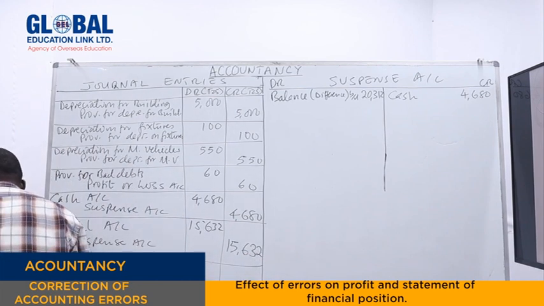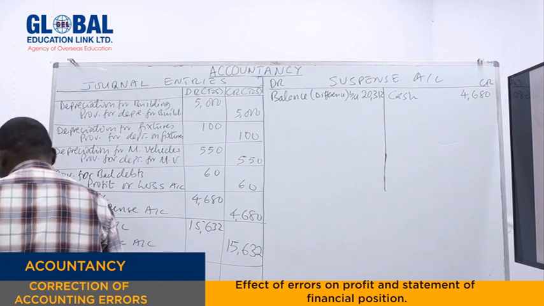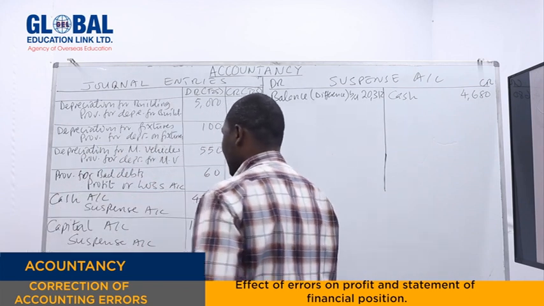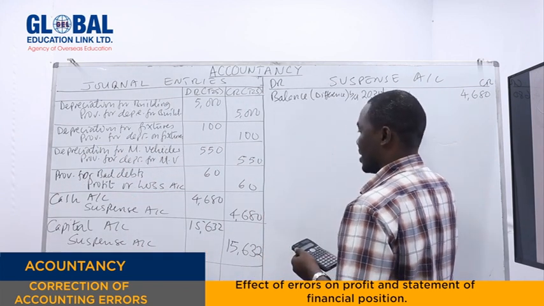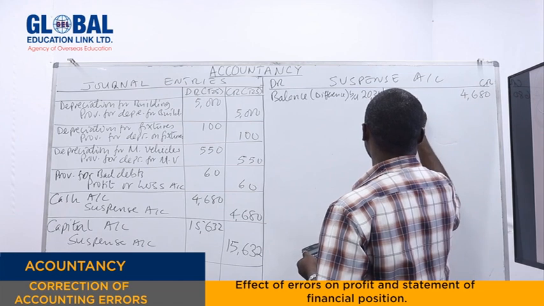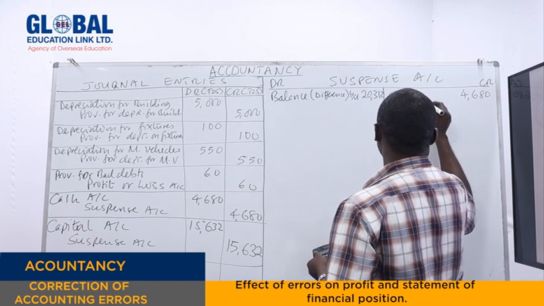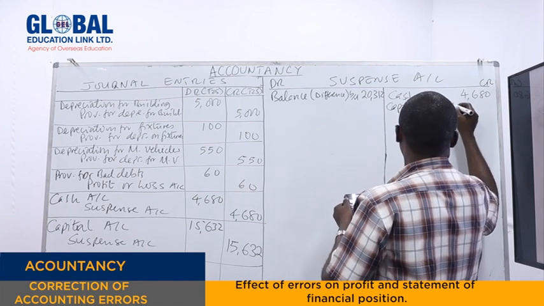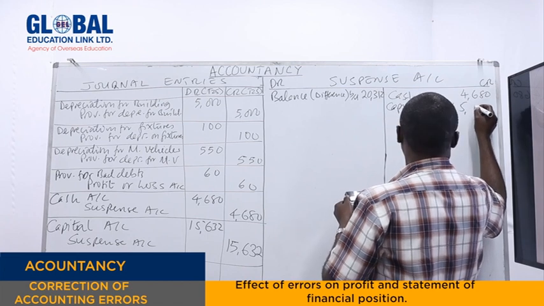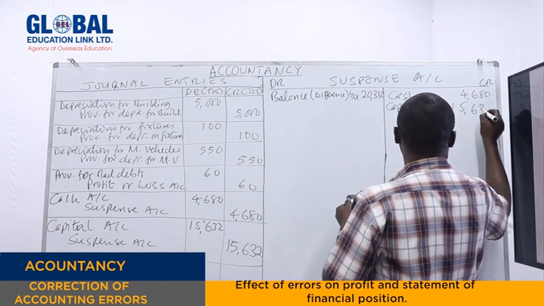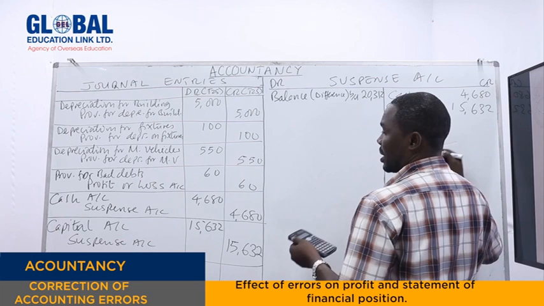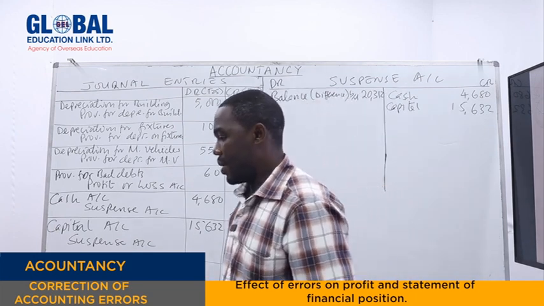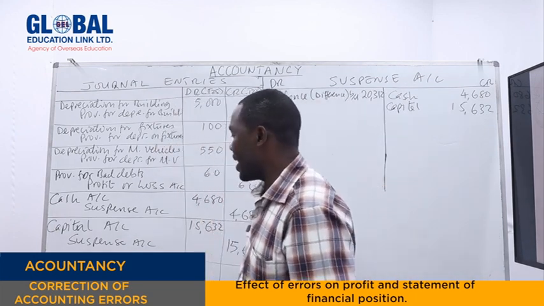Then remember to write the narration. So transfer to suspense by writing the corresponding account, that is capital, 15,632. So from our question, the items are over.